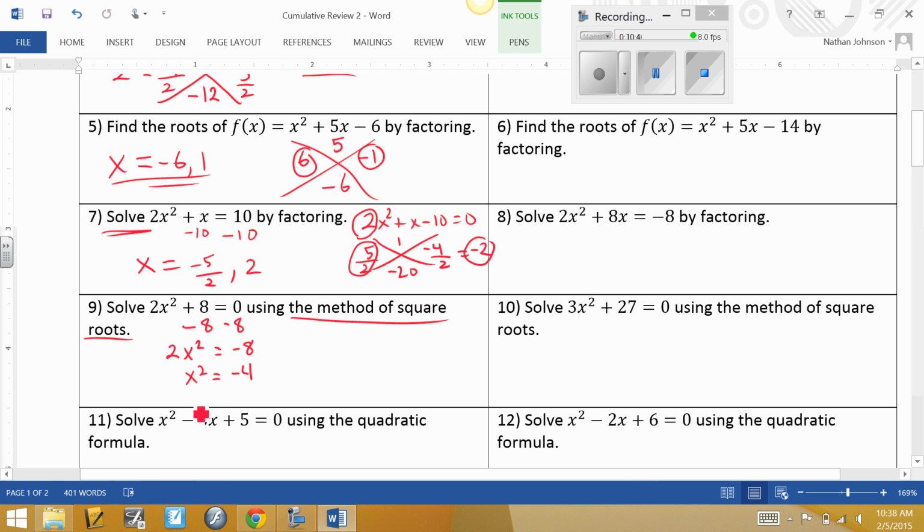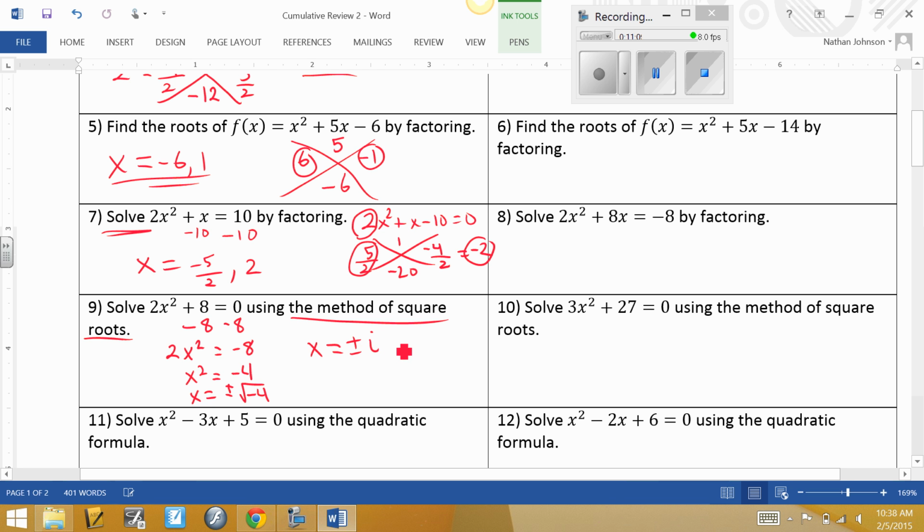And I think you're all quite aware now that if you want to get rid of a squared, you square root both sides. If I do that, I get x equals, and here's the part that a lot of people still forget, plus or minus square root of negative 4. Well, okay, we know when we get a negative inside of a square root, an i has to be brought to the outside because the square root of negative 1 is i.